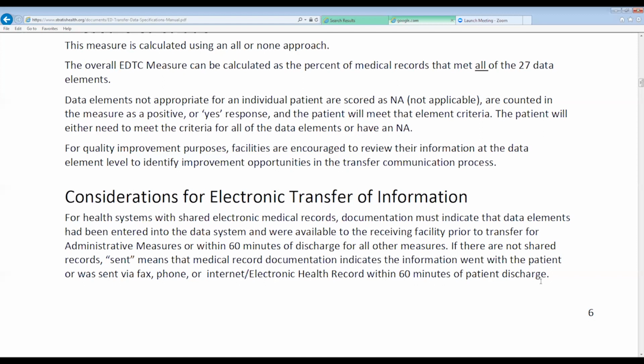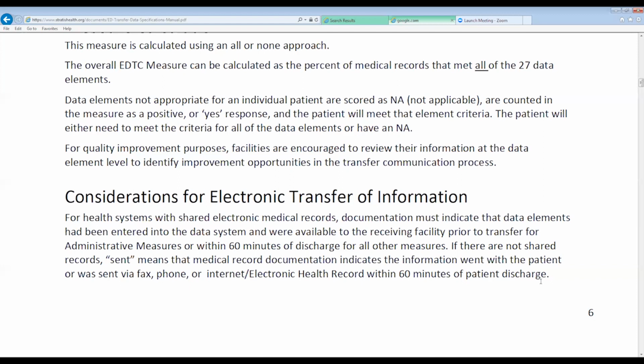Anytime you say that only a specific document was sent, okay, unless there's something that says that document, or you've got a copy of that document, if you say transfer form sent, and then your record has a document that says transfer form, and it's got those data elements on it, or it's indicating on there that these pages in the record went, then I could use that.